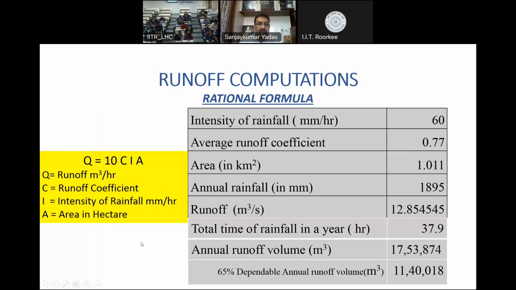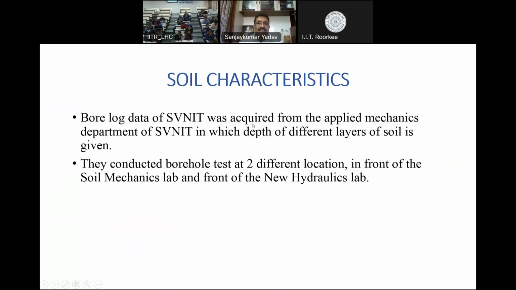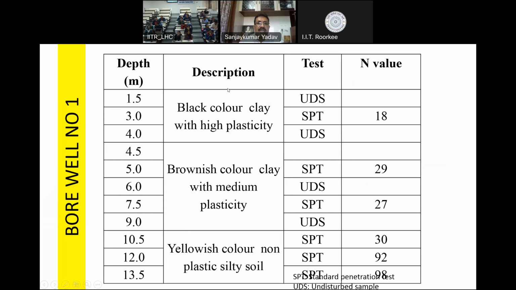After working out the volume of water available for the proposed pond, next is to find out the soil characteristics. For soil characteristics, two borehole tests were done, and you can see the borehole test results here with depth, from 1.5 meter to 13.5 meter.